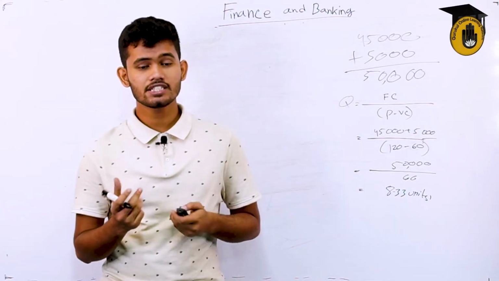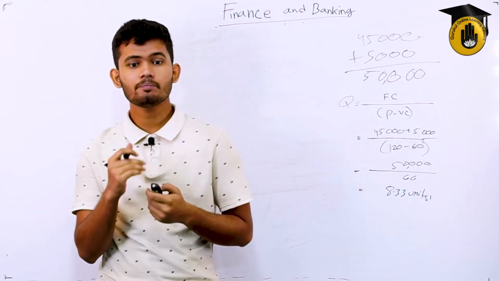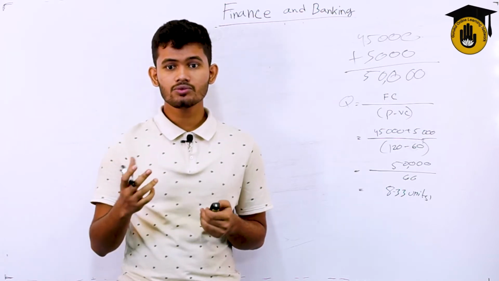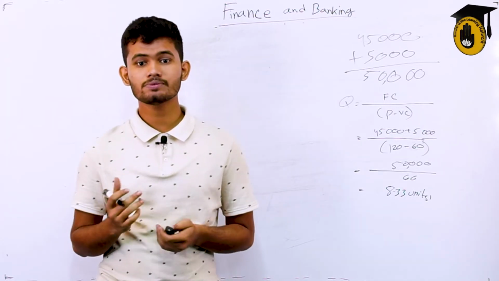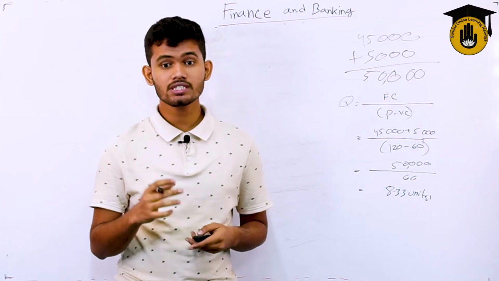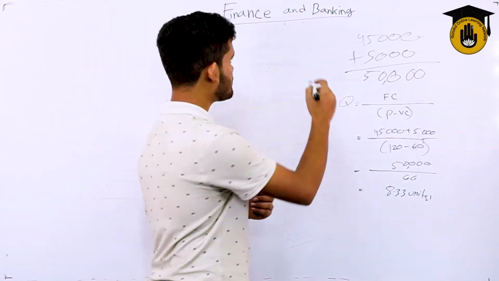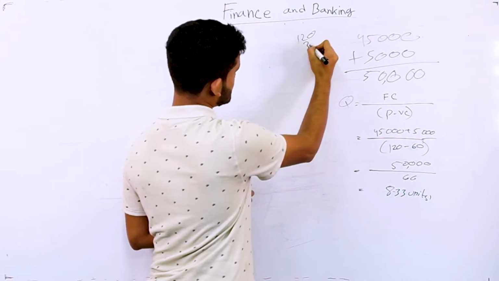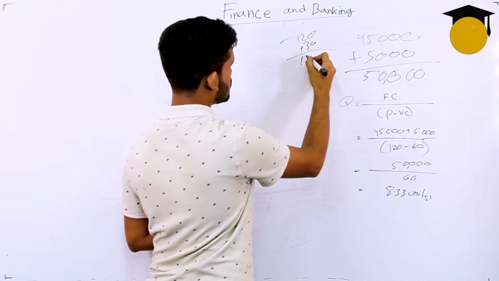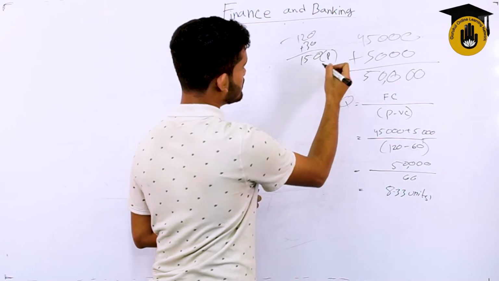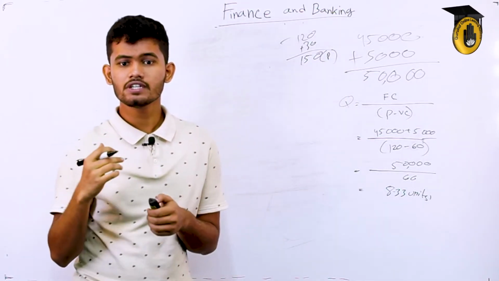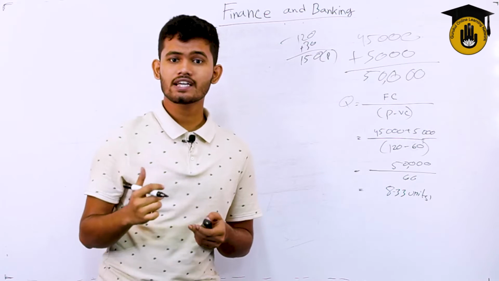So in situation 2, increase in per unit selling price. Let's continue with the RPG logs again. There was mentioned our selling price was 120 taka. Let's assume that our selling price has increased by 30. It will be 150, our price per unit of selling price is 150. So let's take a look at the effect.